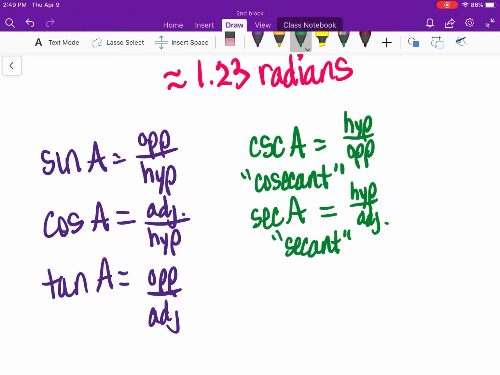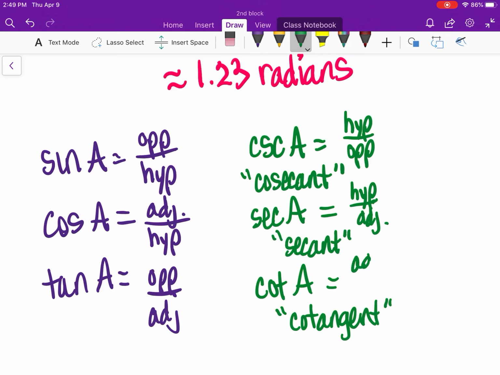And then the last one: the reciprocal of tangent is cotangent. We abbreviate that COT. So if tangent is opposite over adjacent, cotangent will be adjacent over opposite.